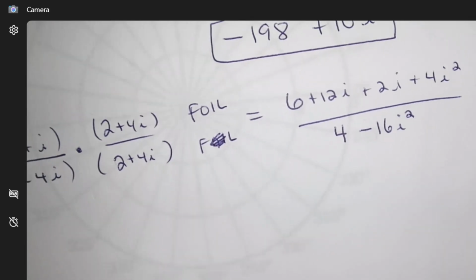Okay, how did it go? There's my foil and there's my flaw.